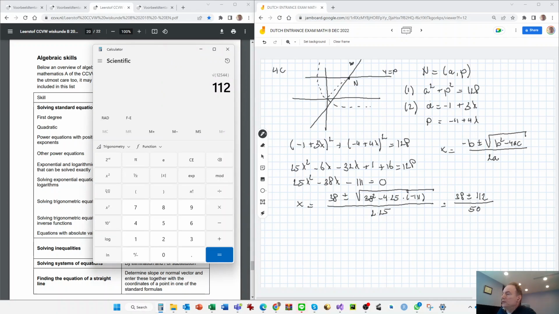So either x is, okay, embarrassing to use calculator for this, but so it's either 74 divided by 50 or x is 150 divided by 50, which is 3.